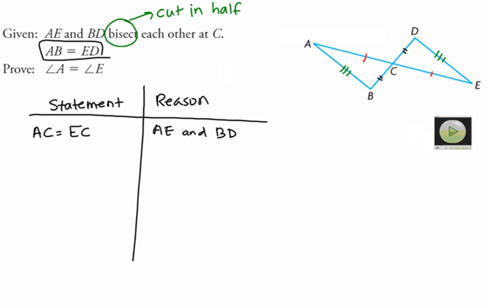Okay, AE and BD bisect each other. Okay, good. And let's see what else. Now we want to say BC equals DC. So again, why are they equal? Same thing as above. AE and BD bisect each other.